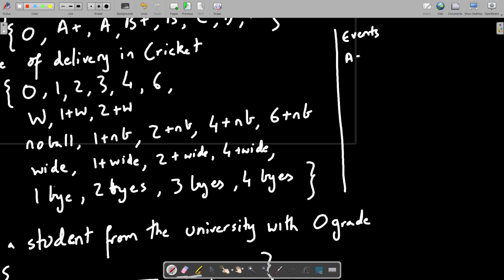The first event we'll talk of is getting a boundary. What are the elements in this event? 4 is going to be there, 6, anything more?